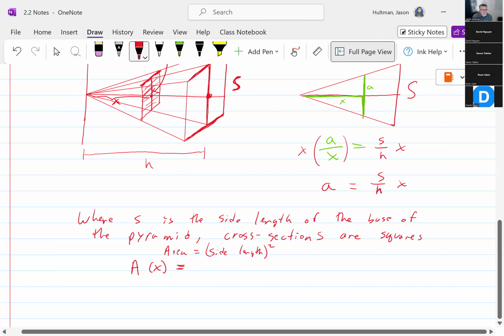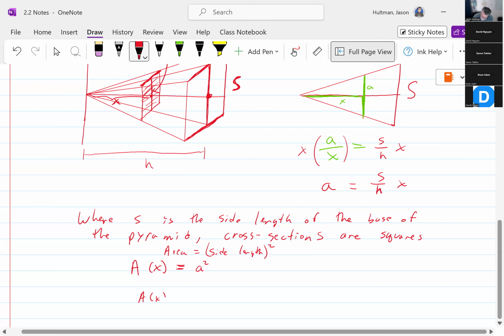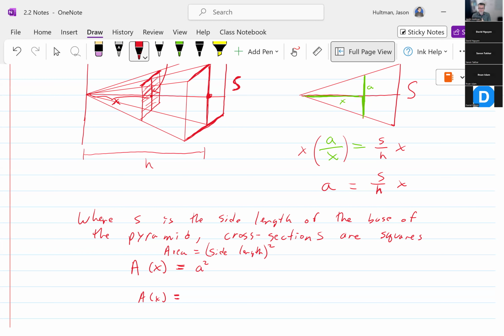In this case, A is our side length, but we can rewrite that in terms of X. So however far out I am, X units, I can find the area of that square.